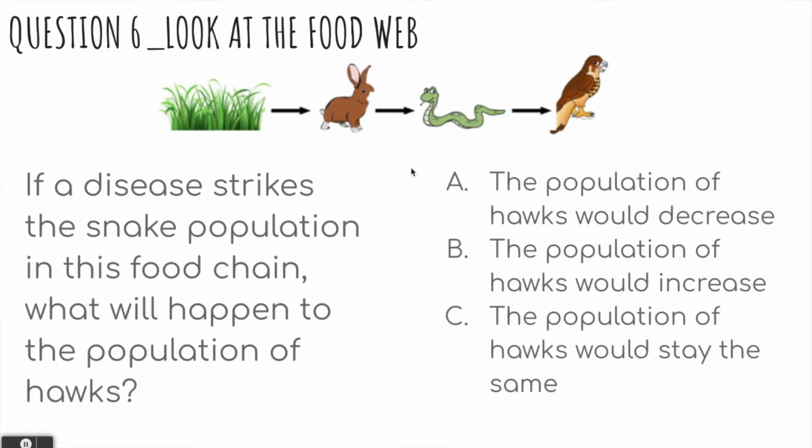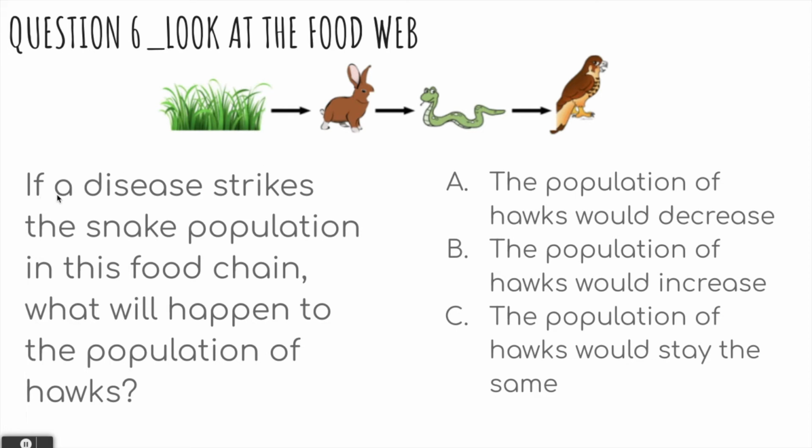Now let's go to question 6. Question 6 asks us to look at this food chain. Starts with the grass, the bunny eats the grass, the bunny is then eaten by the snake, and the snake is eaten by the hawk.